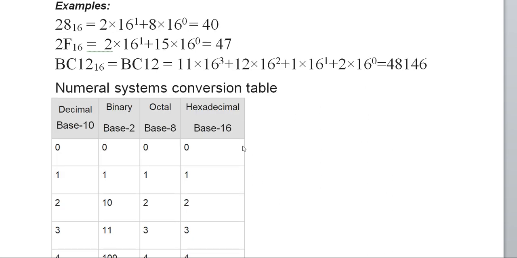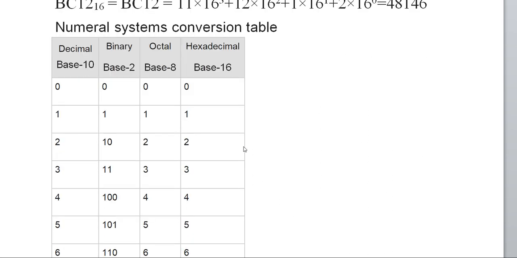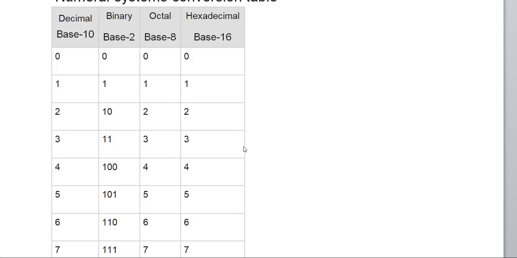Here one table is also given, a number conversion table, through which you are able to understand how we are able to compare a number in different bases or different number systems. For example, if we have 1, then in binary it is also 1, in octal it is also 1, and in hexadecimal it is also 1.